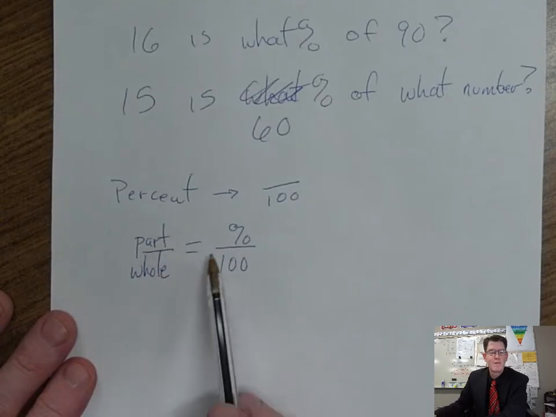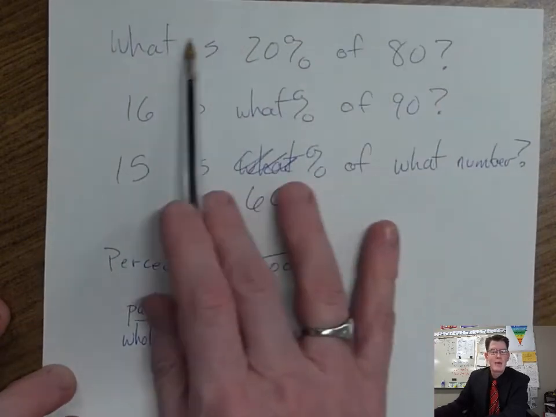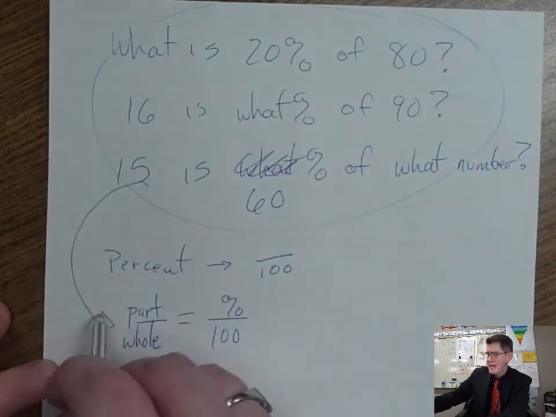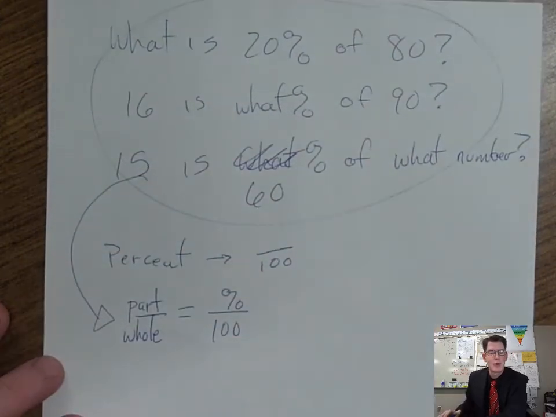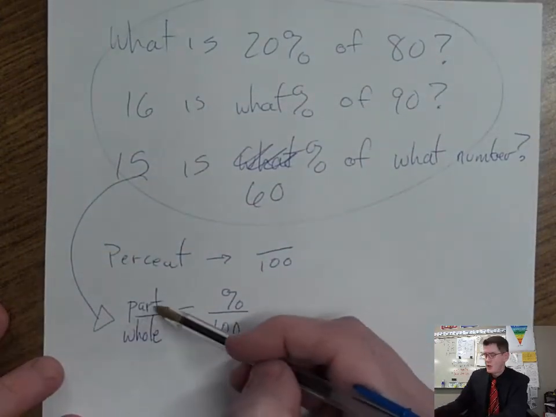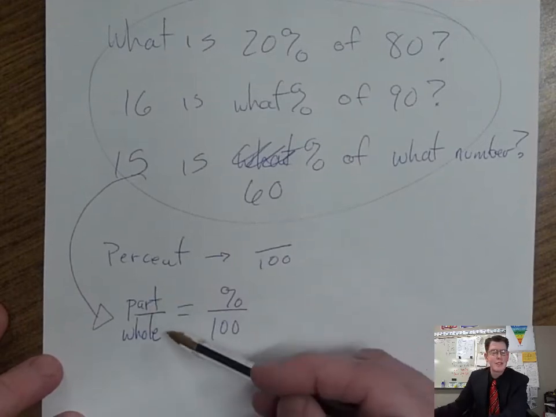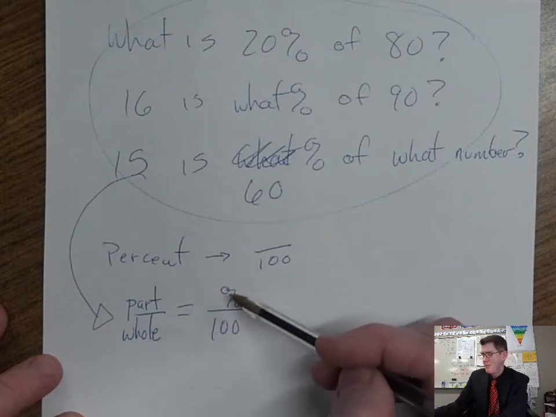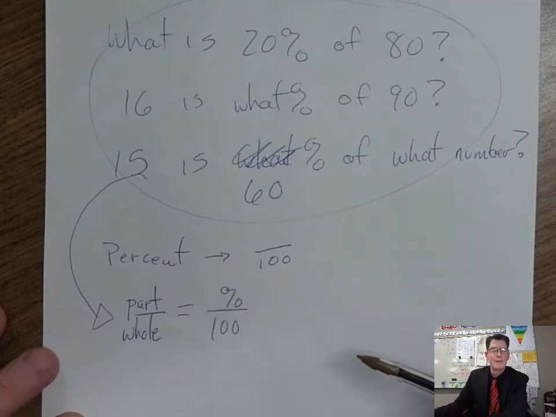So here's the four numbers, and we have the problem given. It's just a matter of putting that information into the percent proportion. Whatever is the part amount goes in the top of the fraction, whatever the whole amount is goes in the bottom of the fraction, the denominator, and then the percent number goes over 100. And here's what I mean.